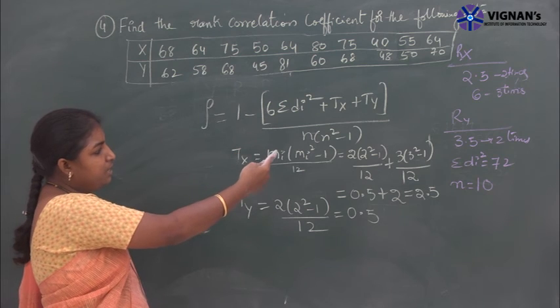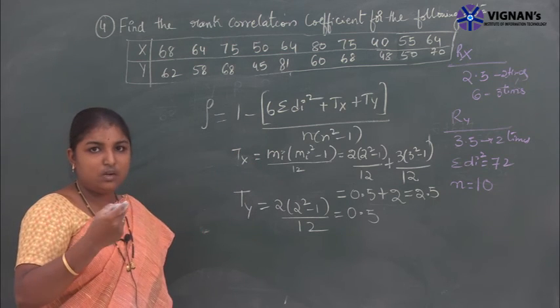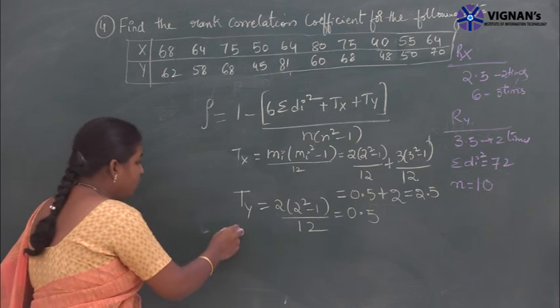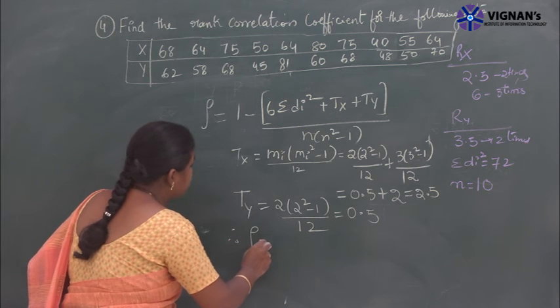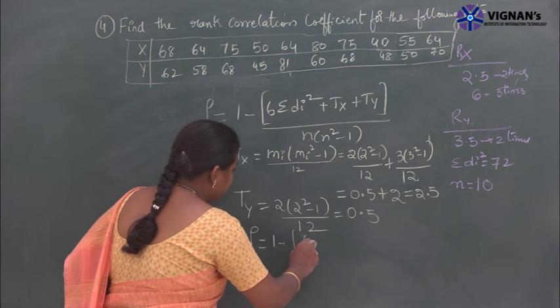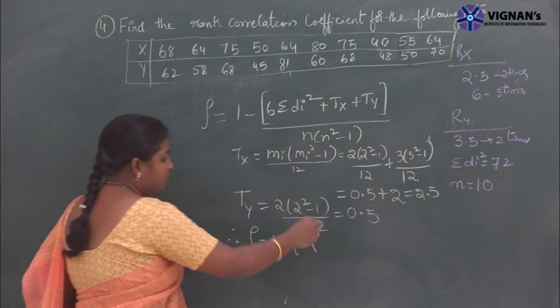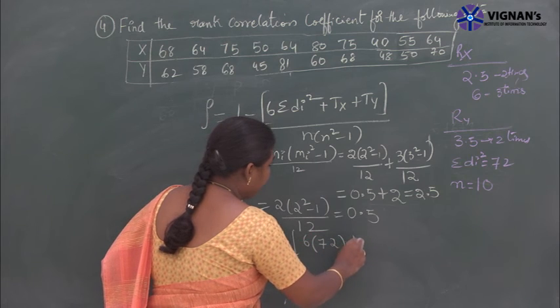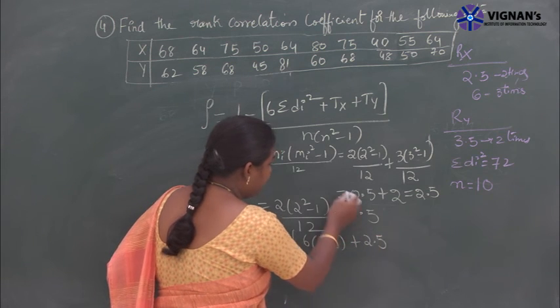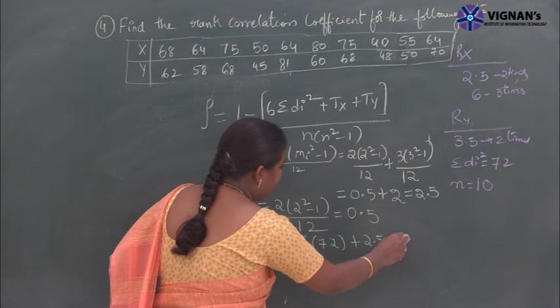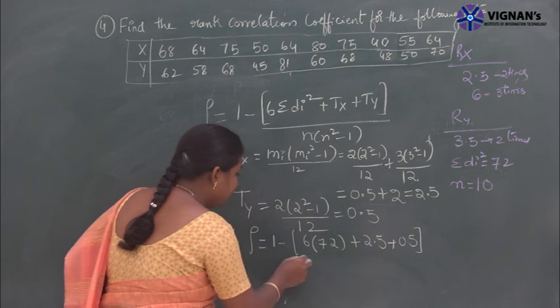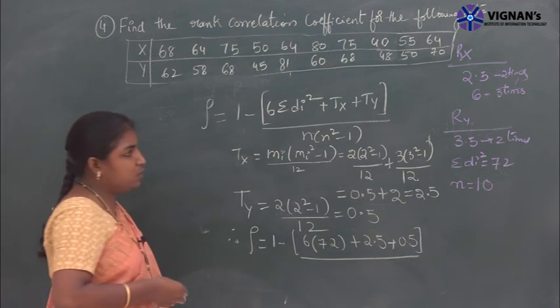Okay. So now we get tx and ty. Already we know summation di square is 72 and n equals 10. We are substituting in rho. So rho is equal to 1 minus 6 into summation di square, that is 72, plus 2.5 tx value plus 0.5 ty value, by n into n square minus 1.